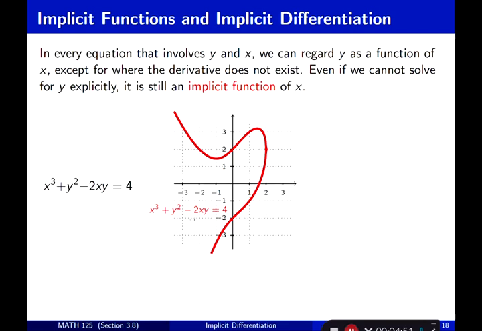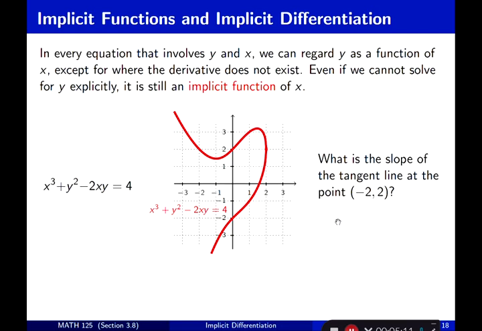Now when you look at a graph of an implicit function like this, you may wonder what is the slope of the tangent line at a certain point.